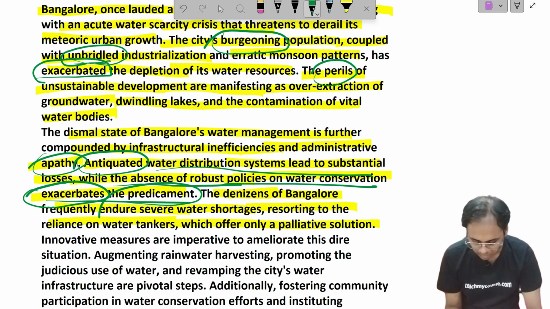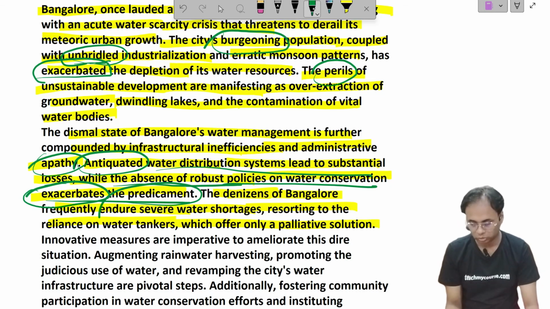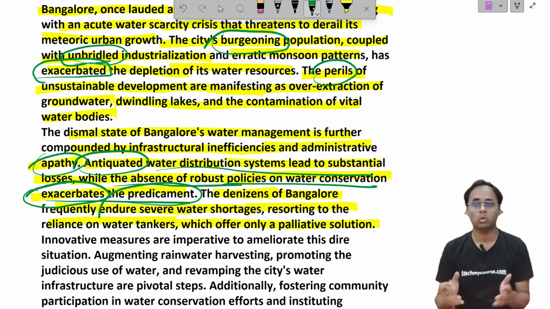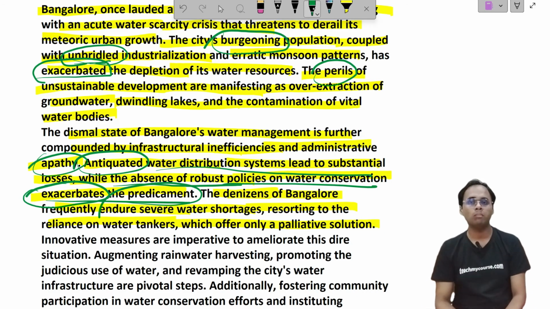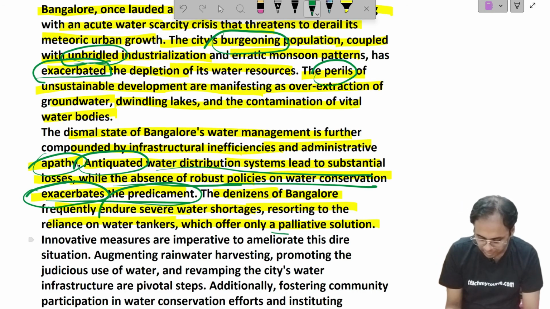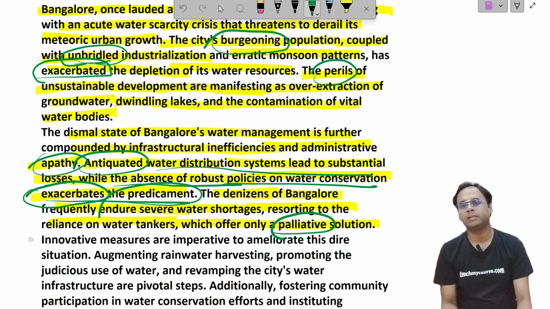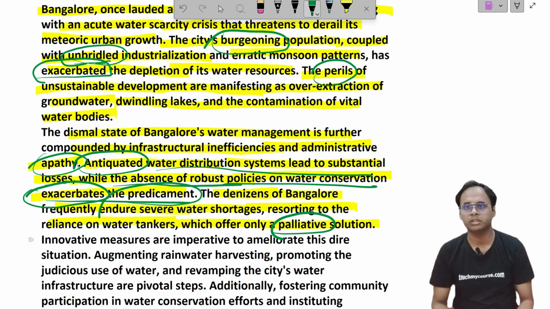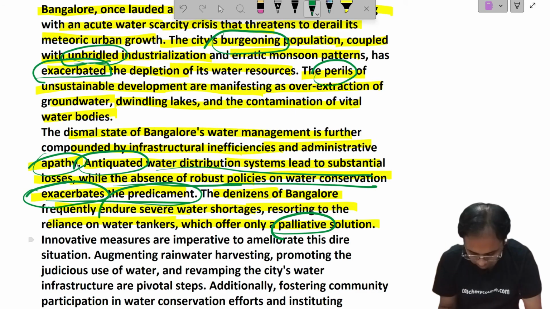They have to resort to water tankers, calling them to supply water to our home, only then you will be able to perform domestic household activities. Which offer only a palliative solution. Palliative means not a permanent solution, just a temporary one. In Hindi we say kaam chalao. That sort of thing is palliative.